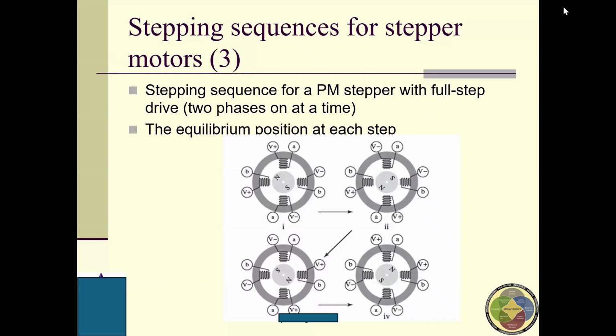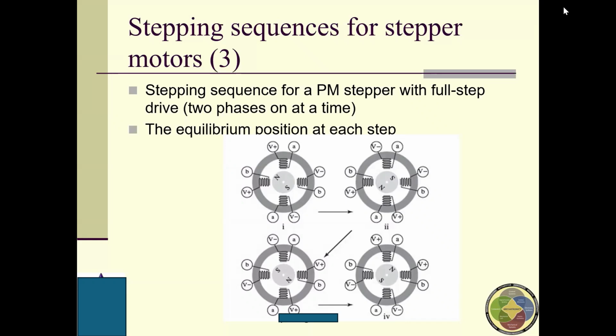Okay, so the equilibrium position at each step, we can see that the shaft is not horizontal or vertical anymore. Now it is at 45 degrees with respect to either the horizontal orientation or the vertical orientation. Why?